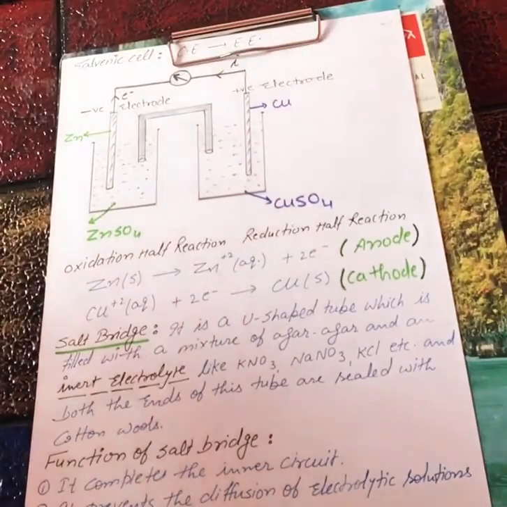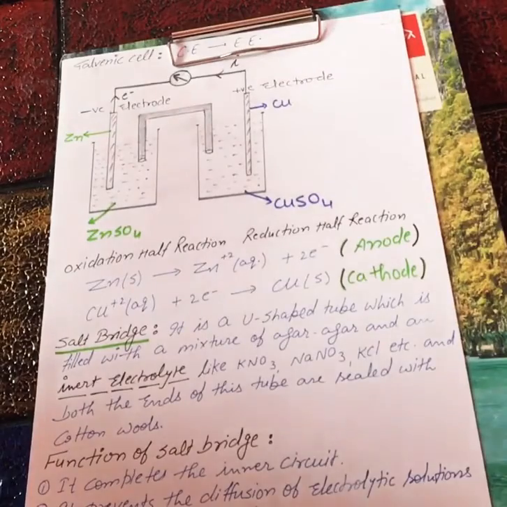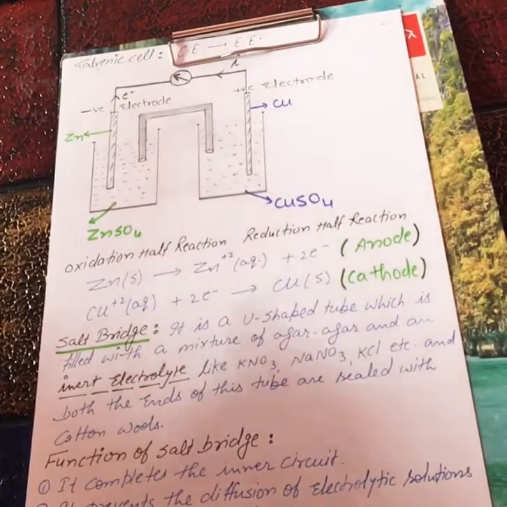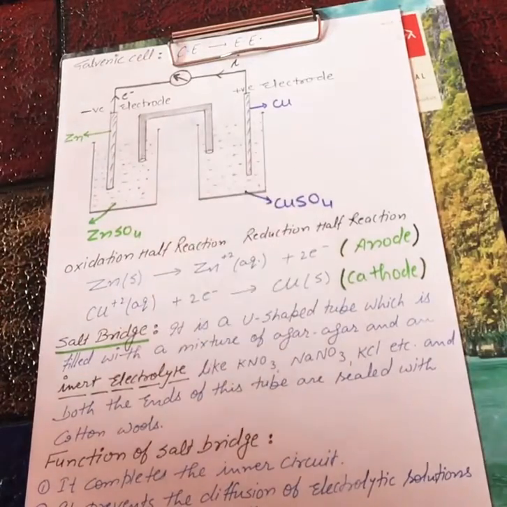Okay, and particularly in the galvanic cell we can say the anode will produce electron pressure. Electrons produce pressure on the anode.